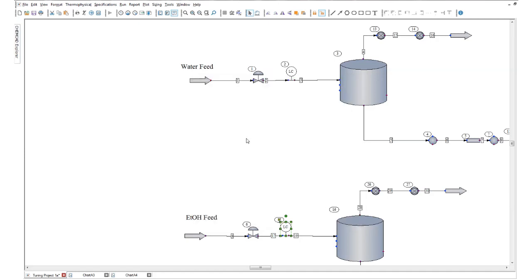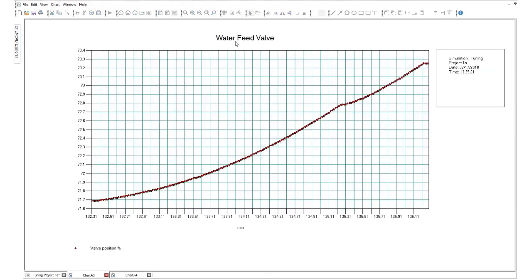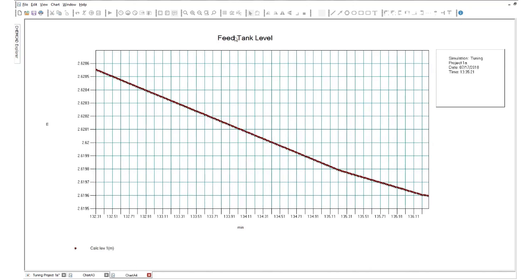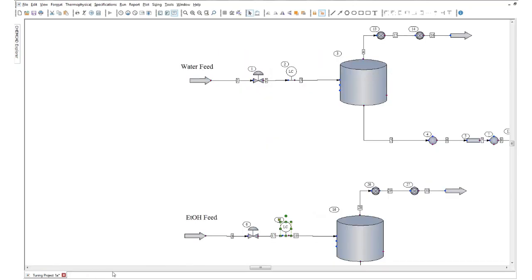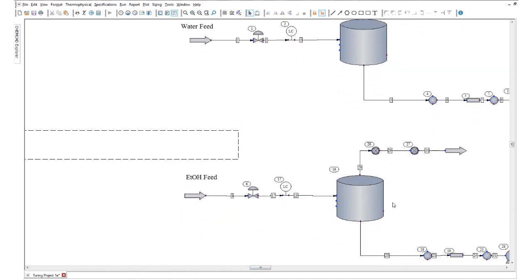Now remember, right now the graphs that we were looking at were the water feed valve and the level in the water feed tank. I'm going to uncheck these boxes. Now what we want to do is look at the level in the ethanol tank and the valve position for the ethanol feed valve.